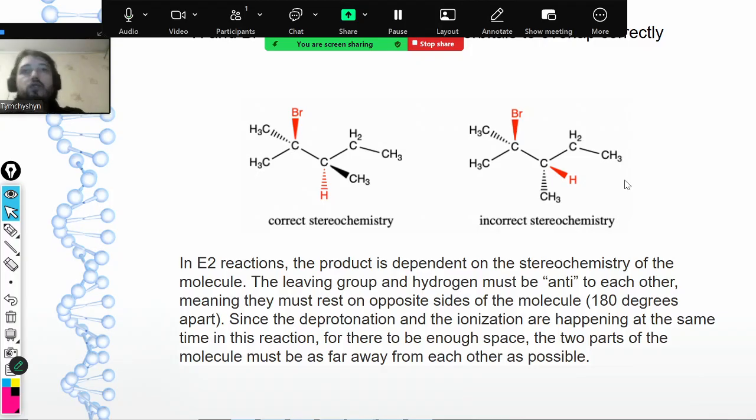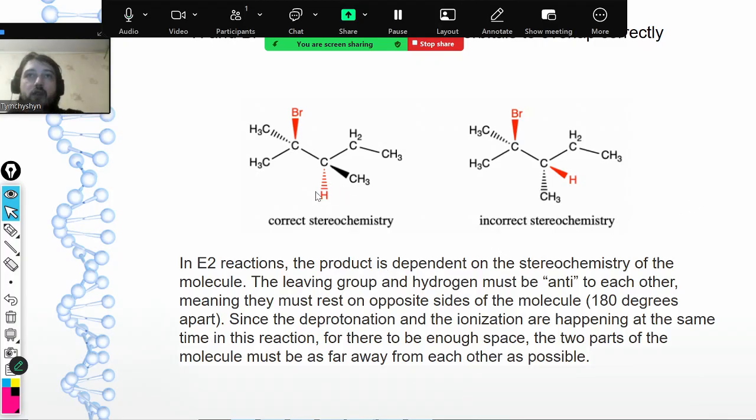In E2 reactions, the product depends on the stereochemistry of the molecule. The leaving group and hydrogen must be anti to each other, meaning they must rest on opposite sides of the molecule. Since the deprotonation and the ionization happen at the same time in this reaction, for there to be enough space, the two parts of the molecule must be as far away from each other as possible.